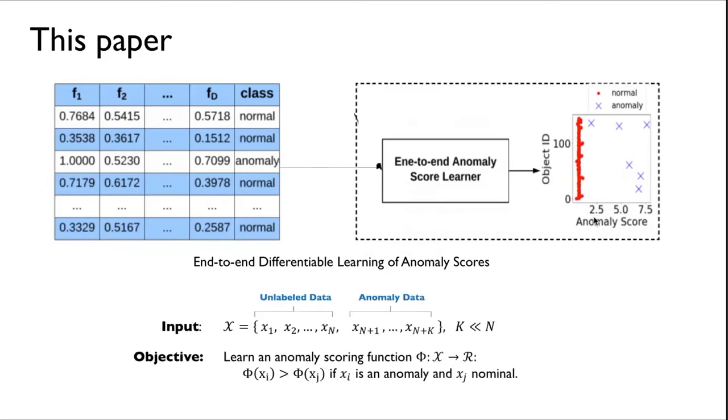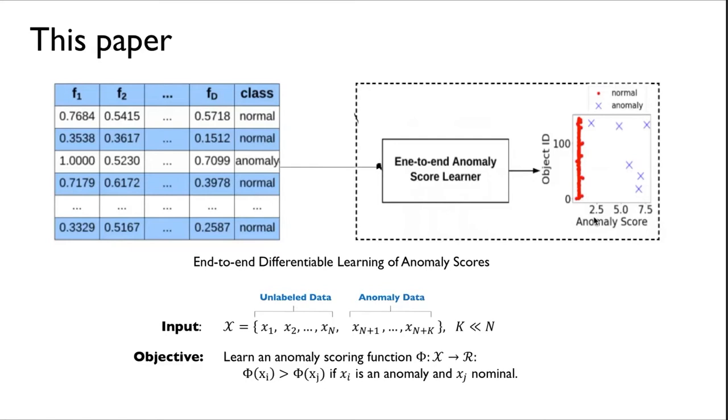So the setting of the problem is as follows. In the input, you have a mixture of unlabeled data and anomaly data. So you have n points that are unlabeled data. Unlabeled means that it could be normal or anomaly. We don't know that.